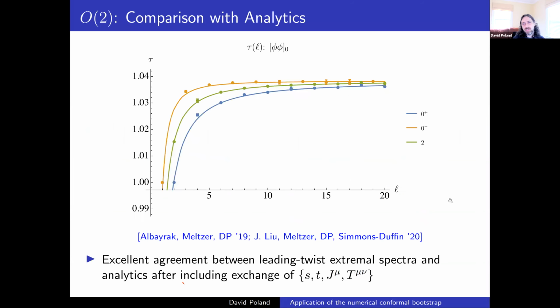But let me just show you that if you extract the leading twist spectra using the extremal functional for the O2 model points that we computed, you get these data points shown in this plot. Here I'm showing the trajectories for the even spin singlets, odd spin singlets, and charge 2 operators.